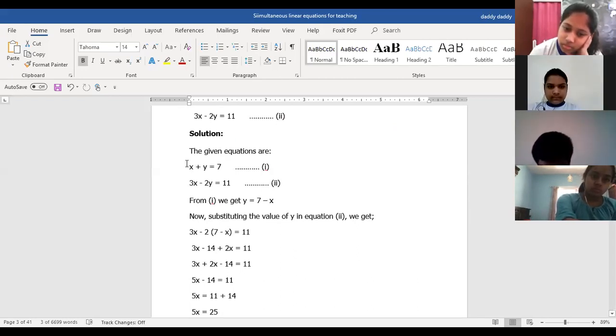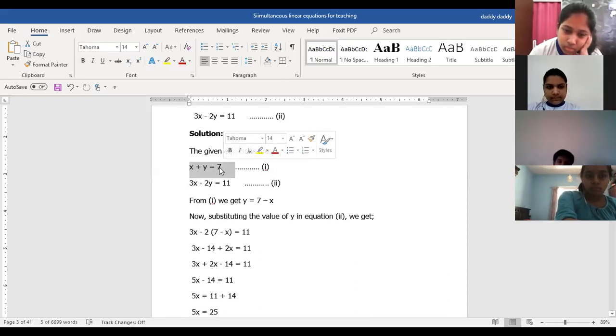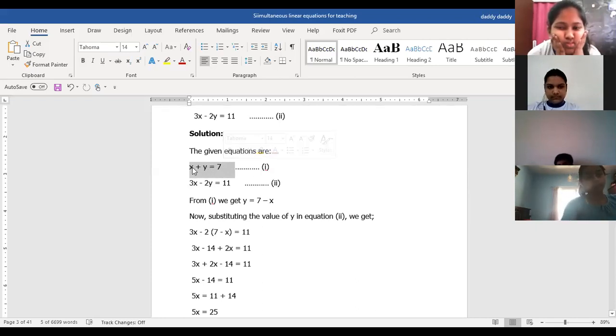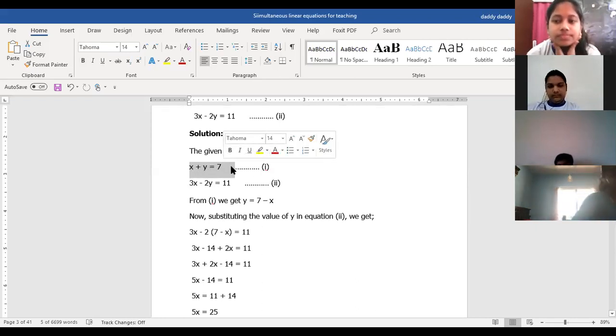Now, focus on equation number 1 and nothing else. x plus y is equal to 7. If I want to get the value of y from this equation, I will transpose x to the right side and I will get y is equal to 7 minus x.